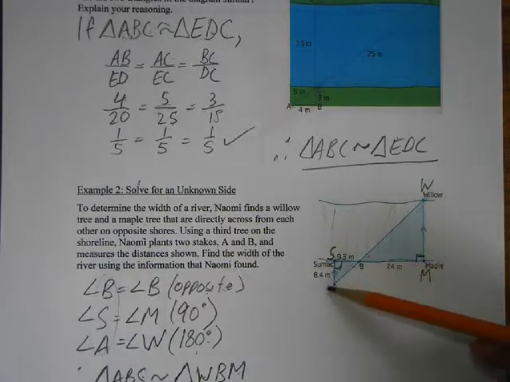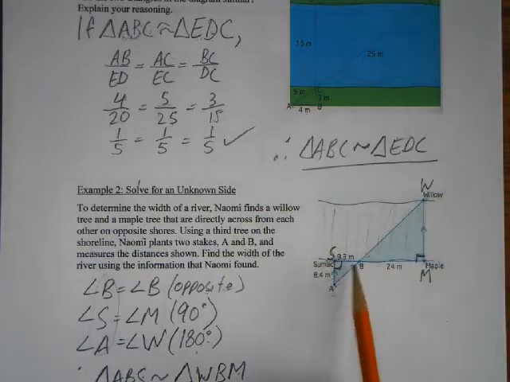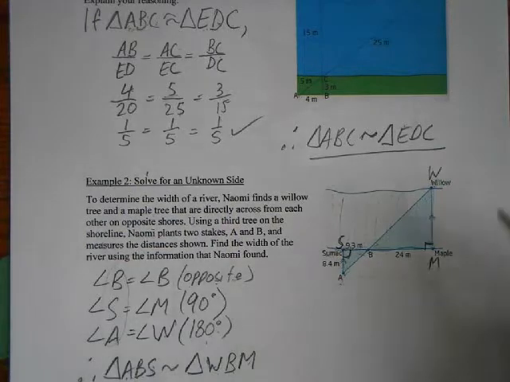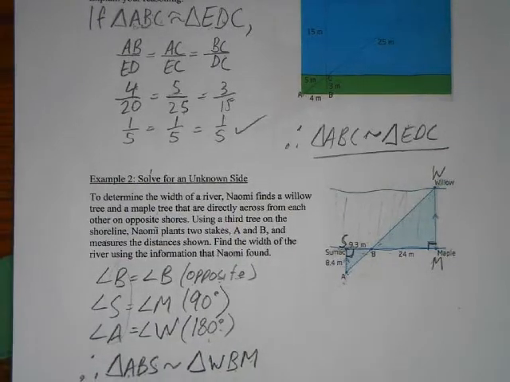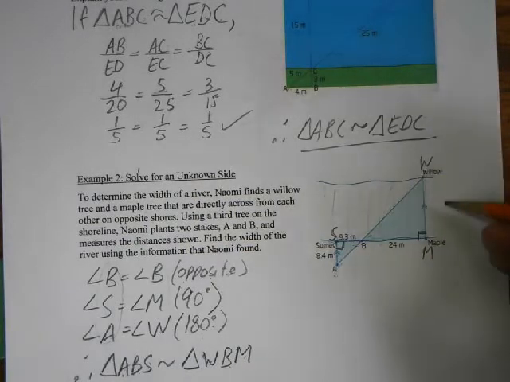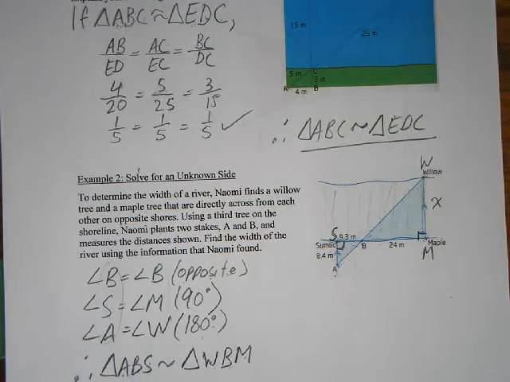So those are the only measurements, and you can see she didn't have to get wet to do that or cross the river. She just got those 3 measurements, and that's going to be enough. That's going to allow us to figure out how wide the river is. Okay, so if I'm looking at this diagram, well, where's the width of the river? Well, that's this over here. This side is actually the width of the river. That's what we're trying to get.